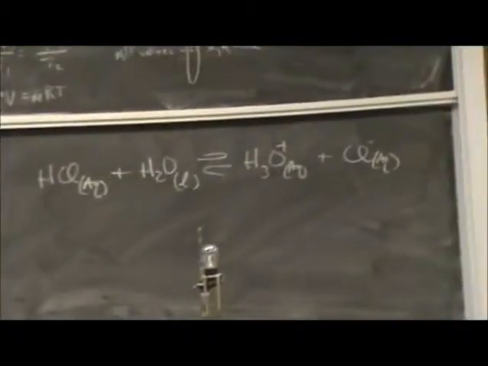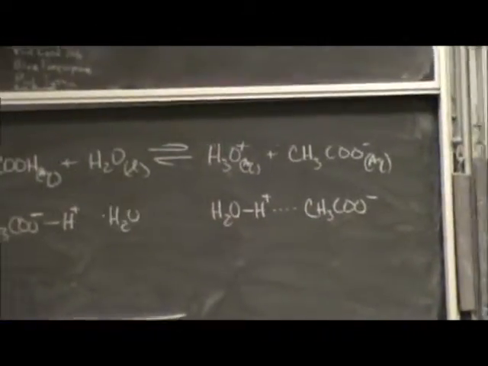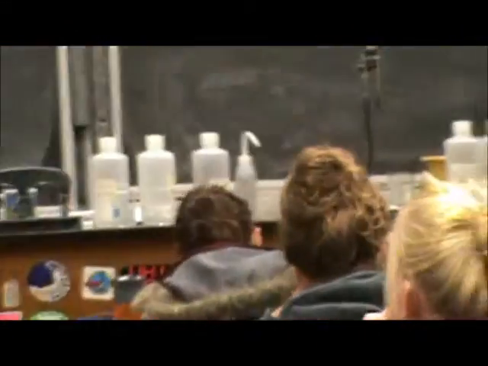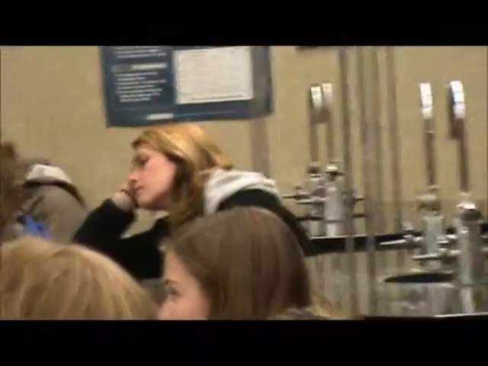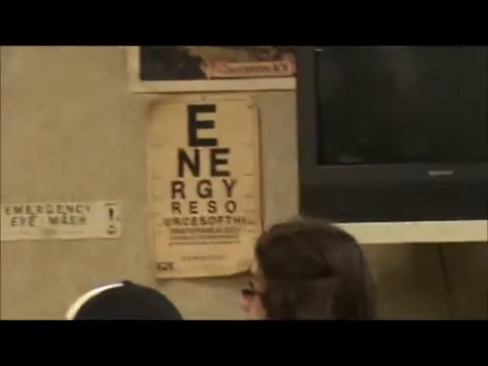Who's going to win the battle more of the time? The stronger base. And which is the stronger base, water or acetate ion? Acetate ion is the stronger base. Does that make sense, based on what you're looking at in the table?